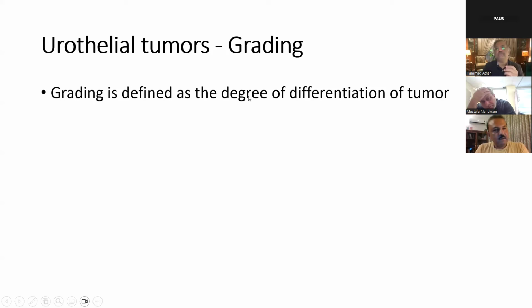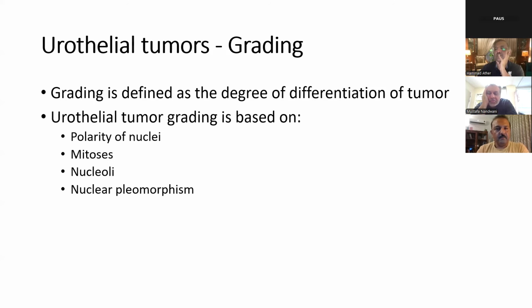Like in any other cancer, it is the degree of differentiation of the tumor, how closely the tumor resembles normal urothelium. And these are the four features that we look for in a papillary urothelial tumor when we try to grade it. Mainly the polarity of the nuclei, which is the most important, like how orderly they are, facing the same direction.